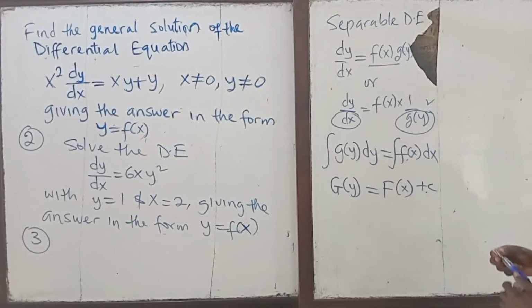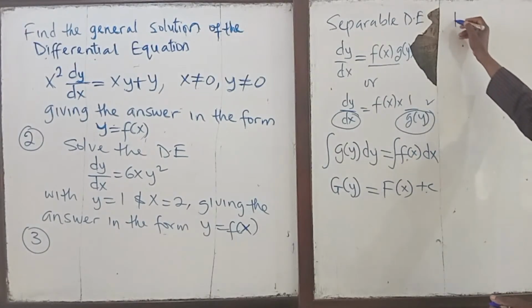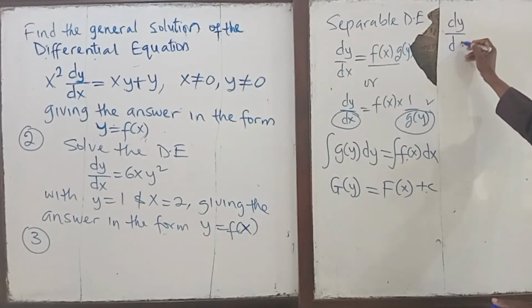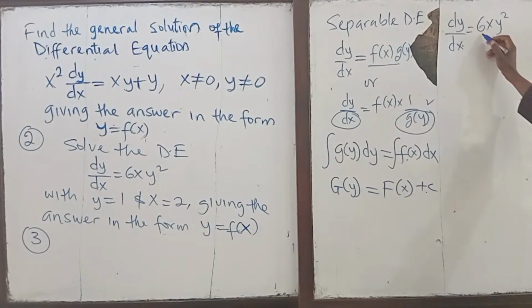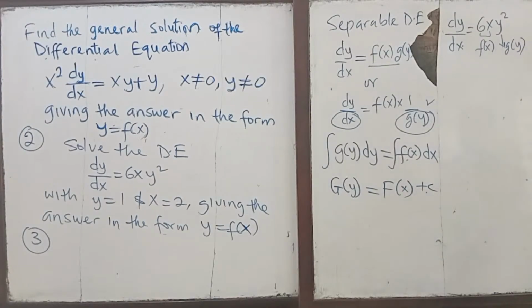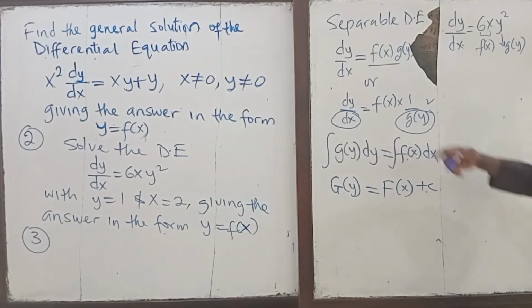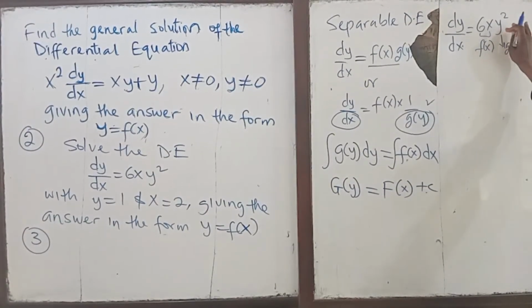We have dy/dx equal to 6xy squared. This one is f of x, and this one is g of y. Follow the formats and techniques: remove the g of y, that is y squared, from here.